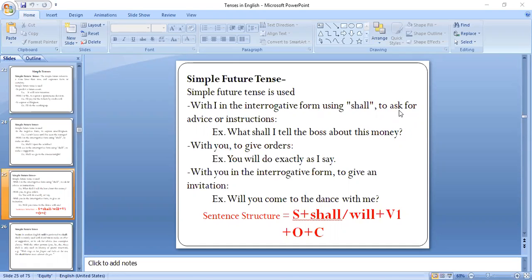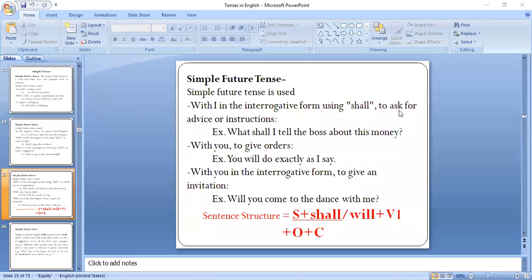In this example, we have used shall. What shall I tell the boss about this money? Before I, we have used shall as a helping verb. So for I and we, generally we use shall in front of these two pronouns, and in front of the remaining pronouns, we use will as a helping verb.